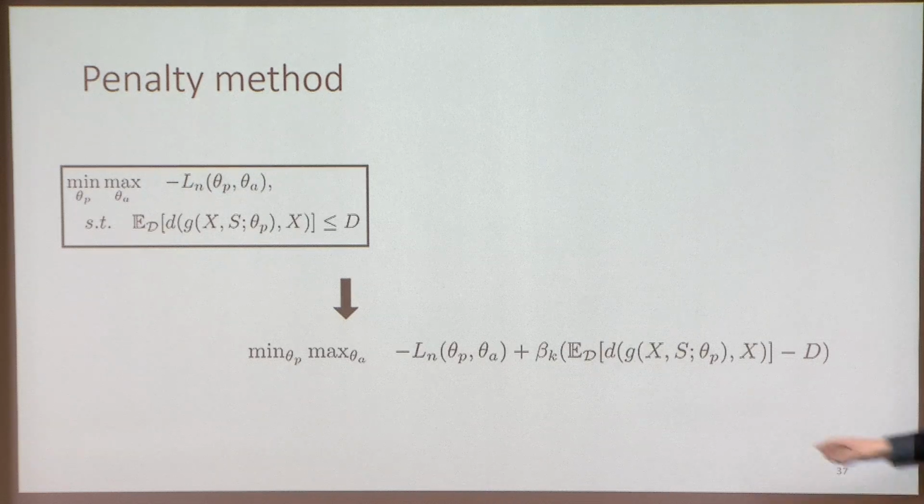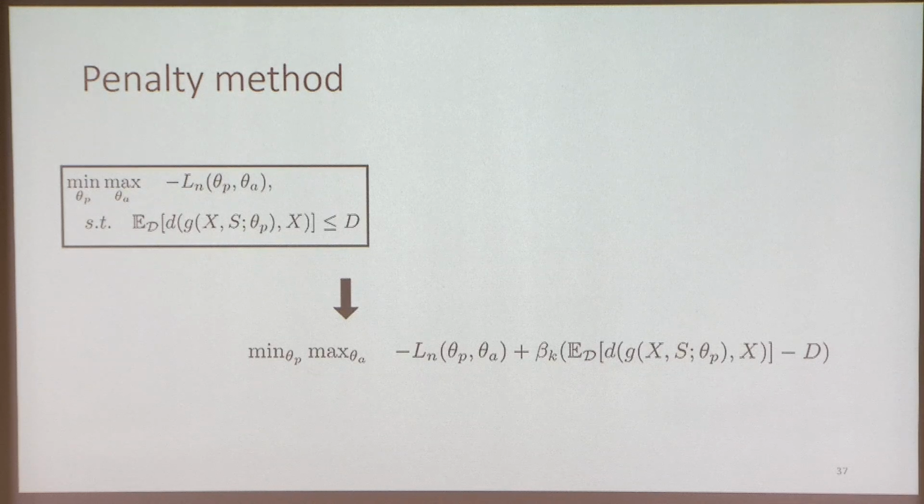What it's saying is if you're off, you need to penalize things more. So you repeatedly solve the problem with increasing multipliers. This is representing the penalty. And that actually ended up working well in practice. There are no rigorous guarantees on the performance of this method, but in practice, it actually worked well.